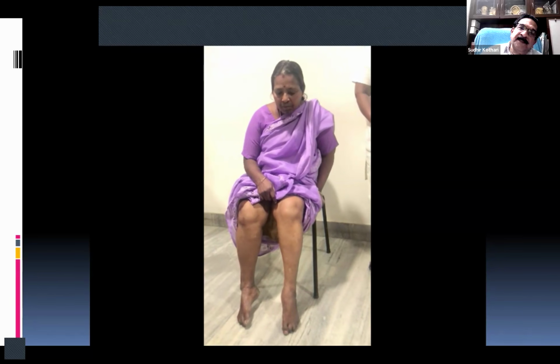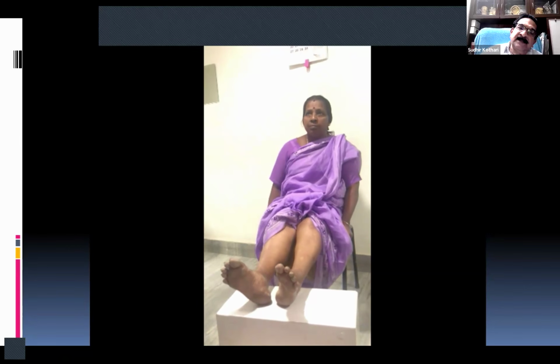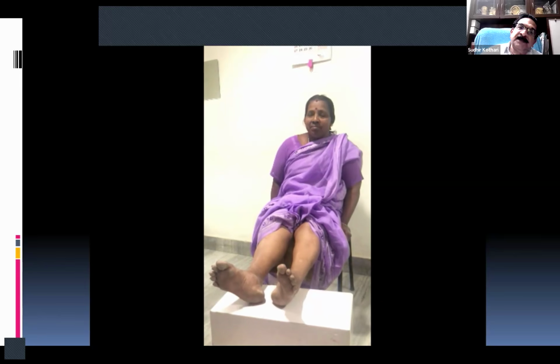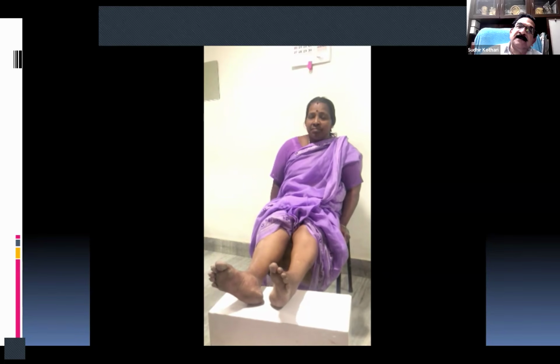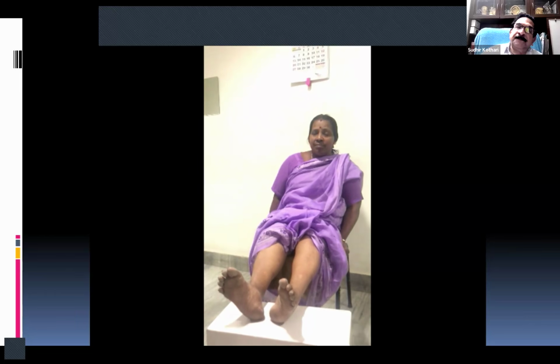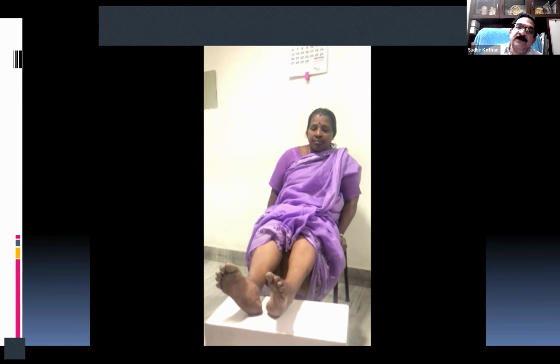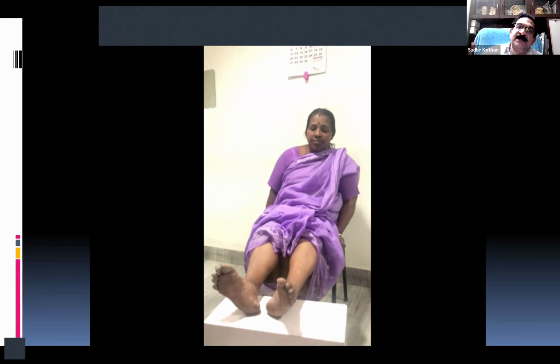Then keeping it on the stool, with eyes closed, and then with eyes open. Ask her to look at the feet. Even looking at the feet, the legs move on their own.